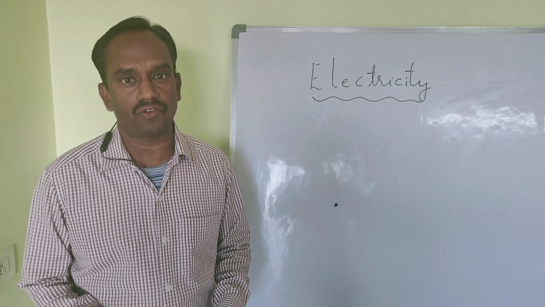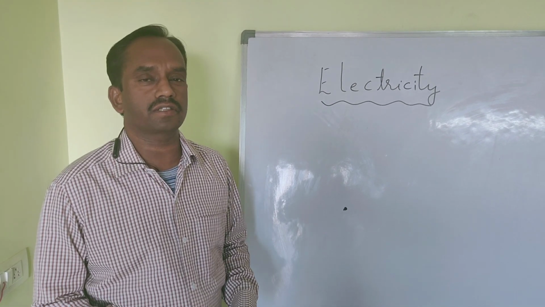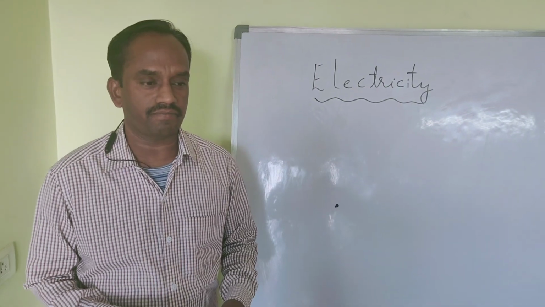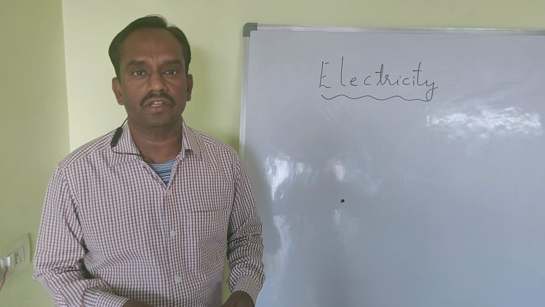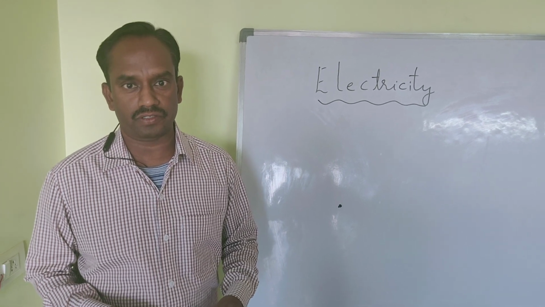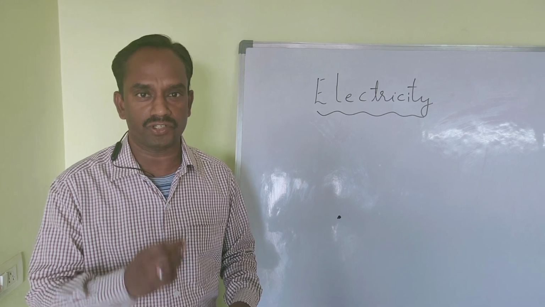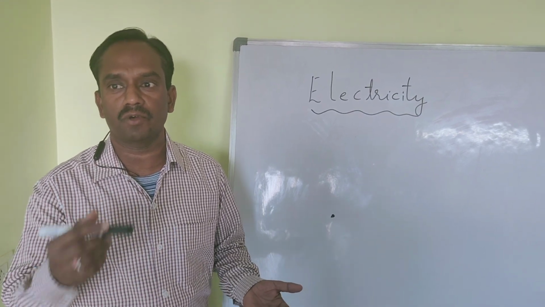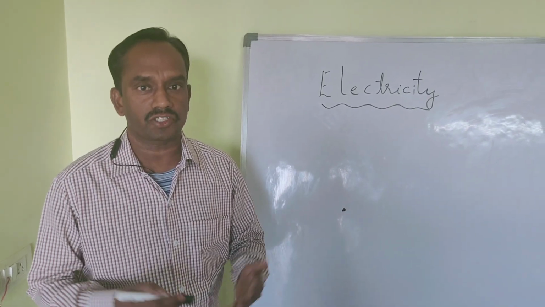Electricity is the flow of electrical charges. Every element has both positive as well as negative charges. Therefore, every element is stable on its own, because an equal number of protons and electrons makes the element stable.